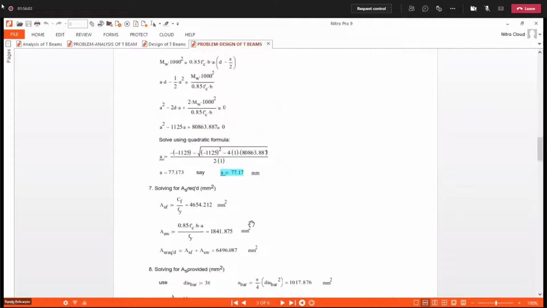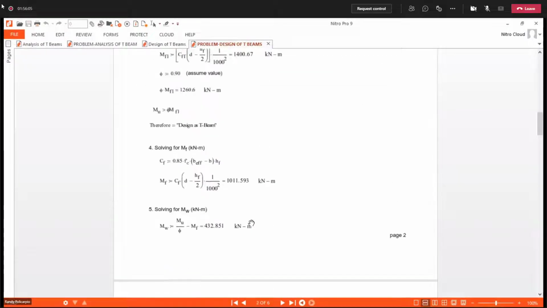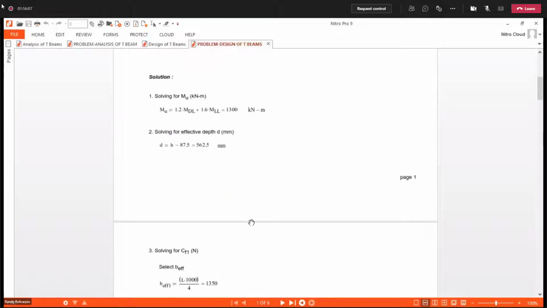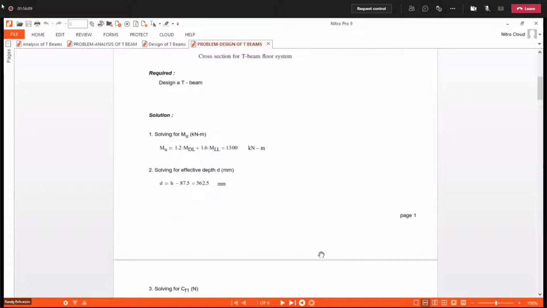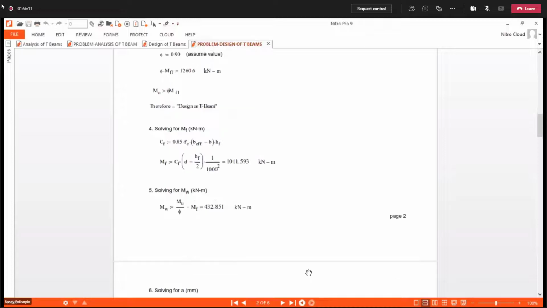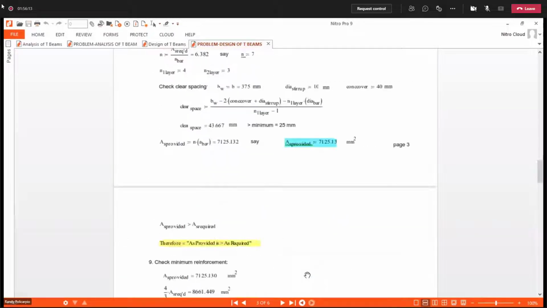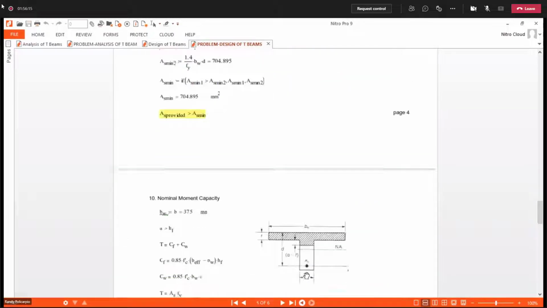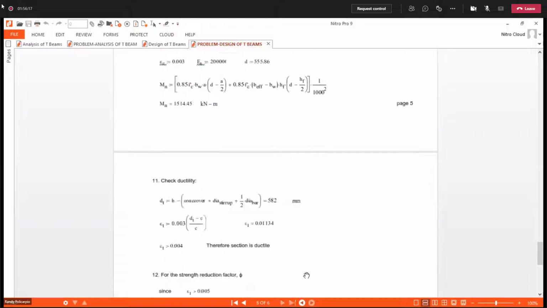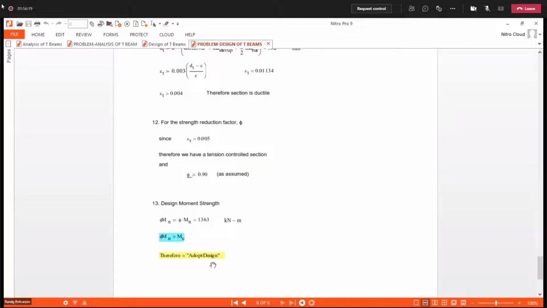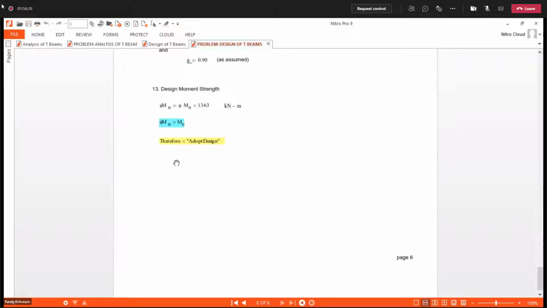Our MU is 1,300. Our moment capacity, konti lang yung tinaas, it is equal to 1,363. So therefore you may conclude now, adopt the design.